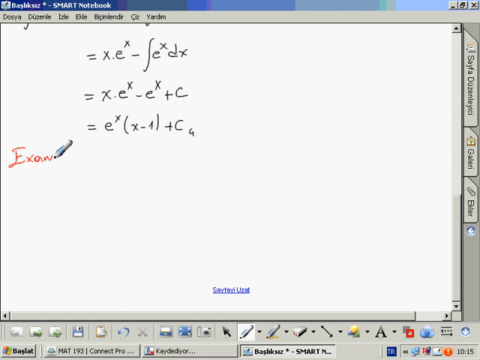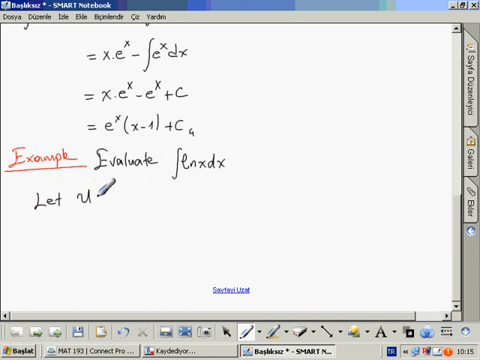Another example. Evaluate the integral of ln x ∂x.